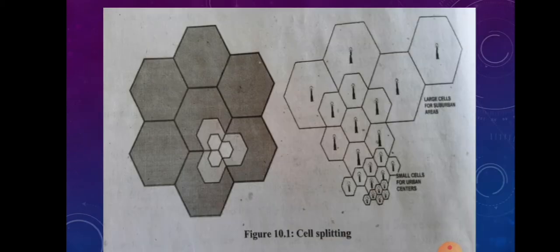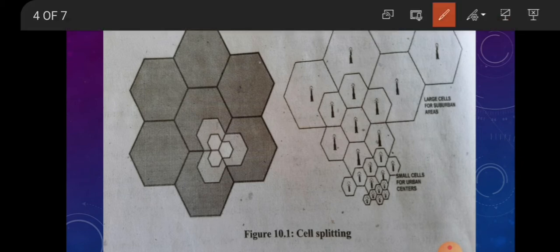Now we can see these are the cells. These are subcells. Large cells can be used for suburban areas and small cells for urban centers.